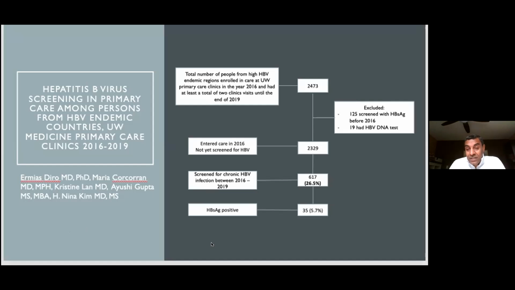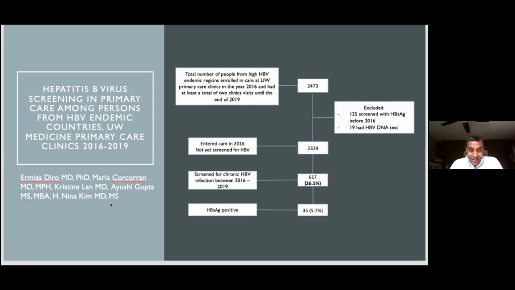And out of that, surprisingly, the prevalence of hepatitis B was 5.7%, which is very high and a similar number to what we hear for those endemic areas. So our study shows a very low screening rate and high prevalence among this population. If we are screening only 1/4 of the eligible population, then we are missing 3/4 of the cases. Thank you.